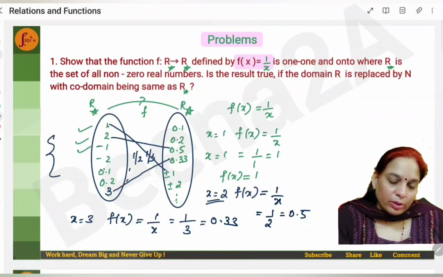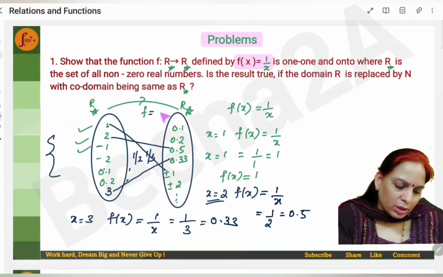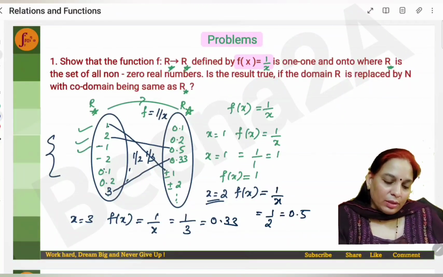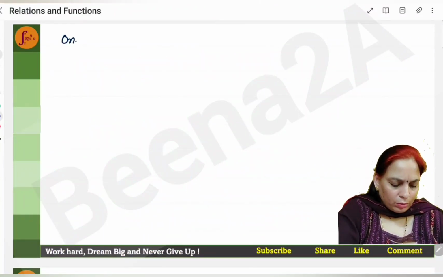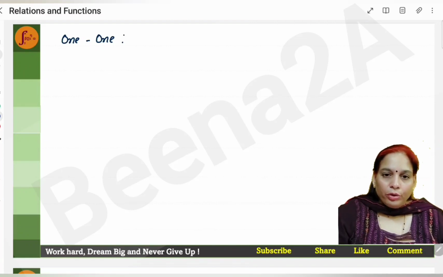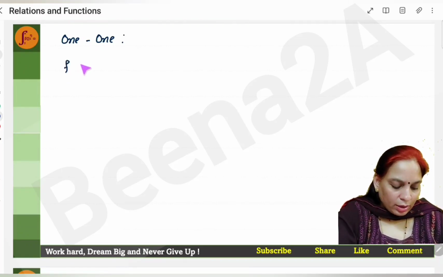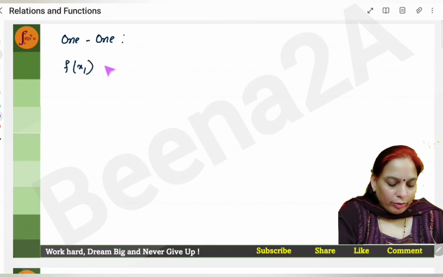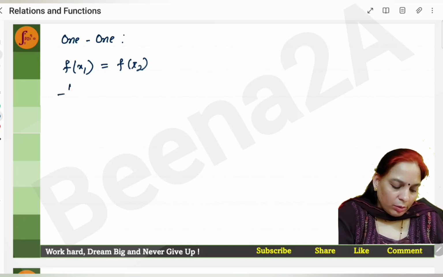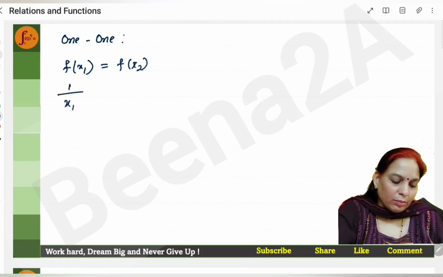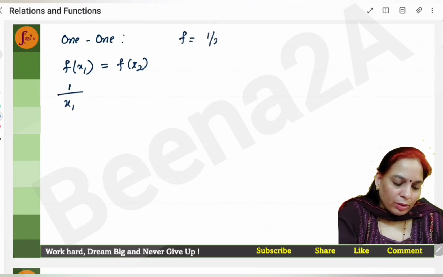Now we will have to prove that this particular function, which is 1 by x, is 1-1 and onto. So let's take the first one, 1-1. How do you prove this? You'll have to start like this. f of x1 is equal to f of x2. Now, what is f of x1? It will be 1 by x1, because the function is 1 by x.